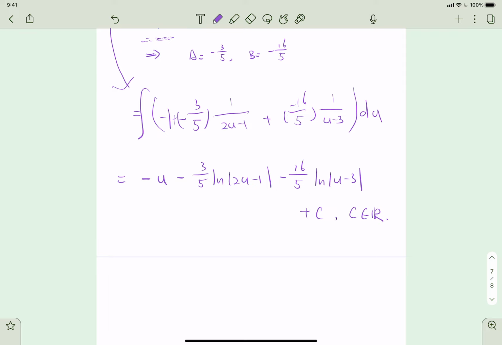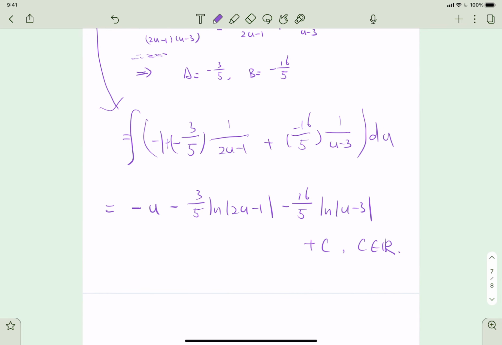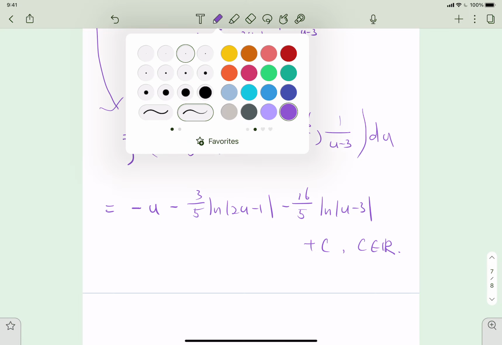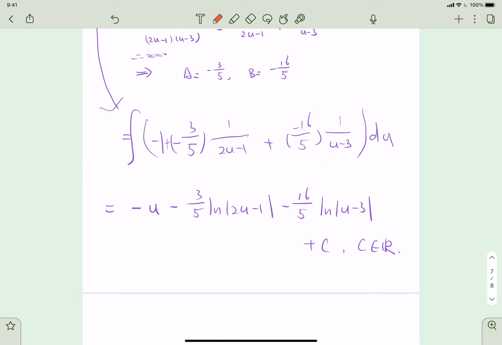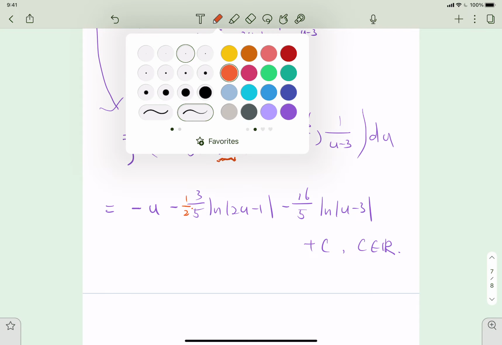Now we need to replace this back. Oh, sorry, I also forgot a coefficient here. The coefficient is 2u, so this is going to generate a 1 over 2 at the beginning, just to fix that coefficient.